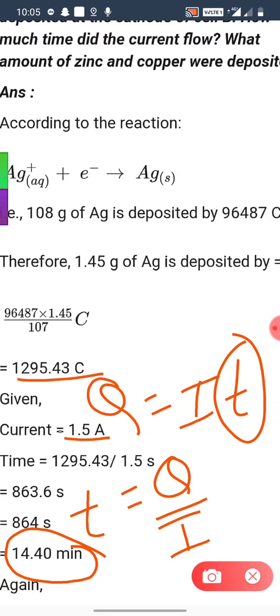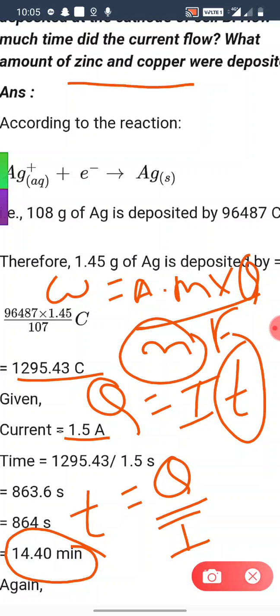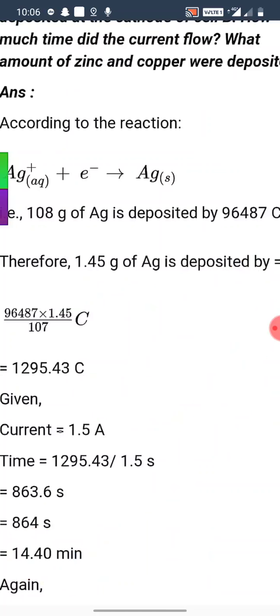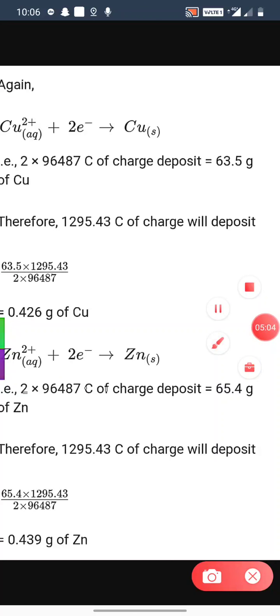Now the other part of the question is to find the mass of zinc and copper being deposited. Again, you will use the same formula, W is equal to atomic mass into charge upon NF. To find the value of N, you need to write down the ionic equation. You can see here the ionic equations are mentioned.